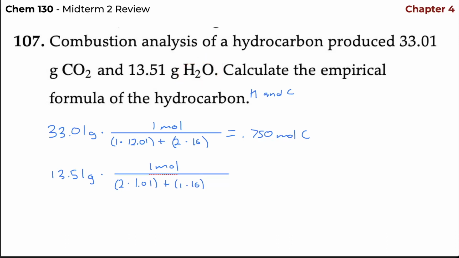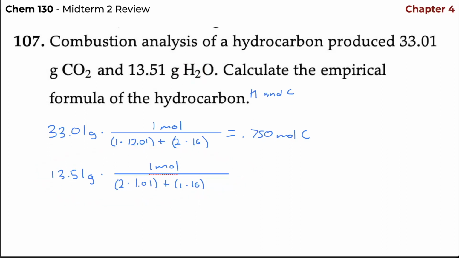Here's the thing though, for each mole of H2O, there's two H's and one O. So to find out how many H's were produced, we're going to multiply this by 2 to get the actual number of H's. So this is the moles of the entire molecule, right?